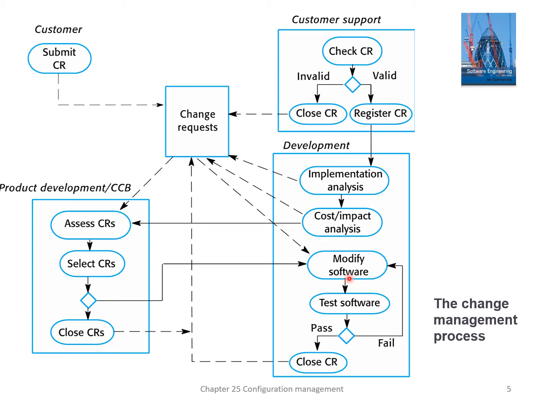They don't simply modify without testing, because the changes may cause some parts of the software to break down. If it fails, they keep on making sure that the new changes do not disturb the system processes. When it passes, it will close, meaning they have settled the request for change.